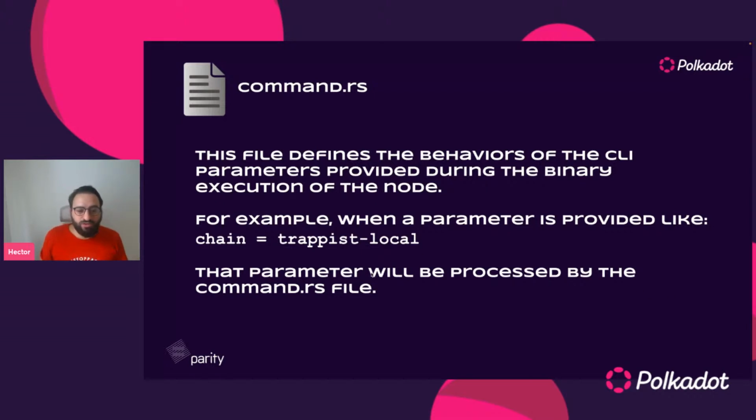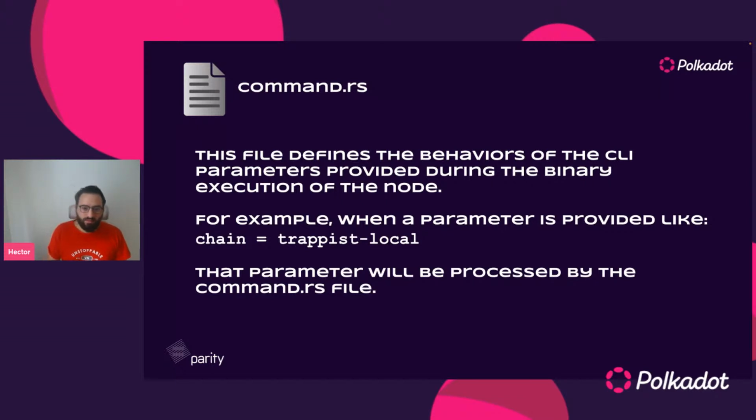For example, when you provide the chain and say which chain you want to run, that is of course supported in your node, the command file is going to process that and point to the corresponding chain spec.